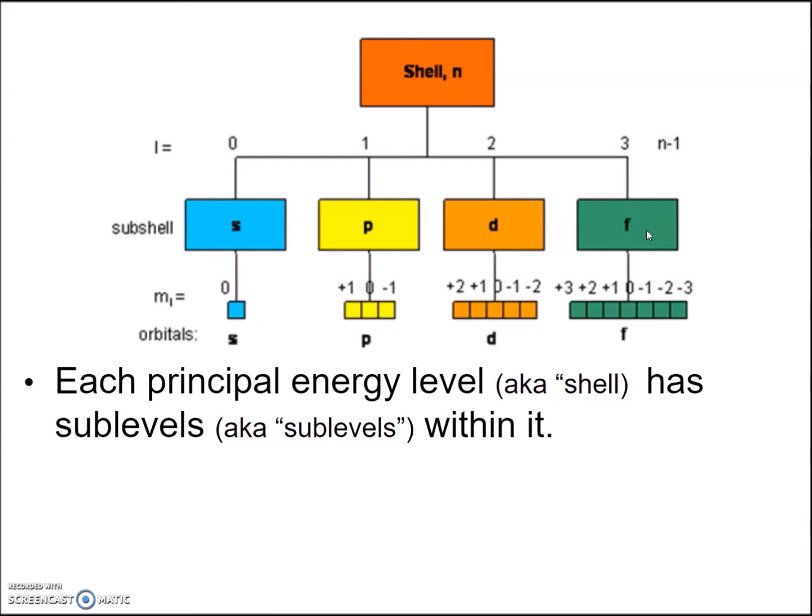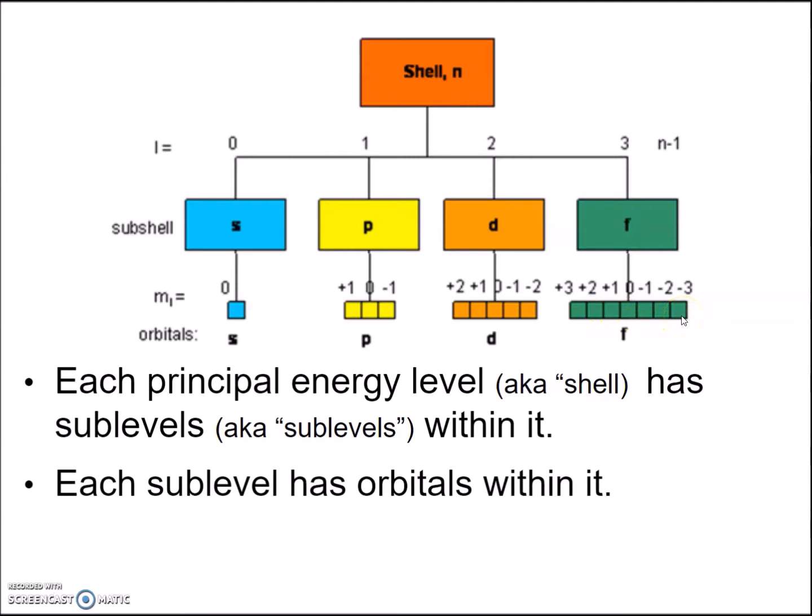Each of those sublevels or subshells has orbitals within it. There's one s orbital. There are 3 p orbitals. If you count the boxes here, 1, 2, 3, 4, 5 d orbitals, there's 1, 2, 3, 4, 5, 6, 7 f orbitals.